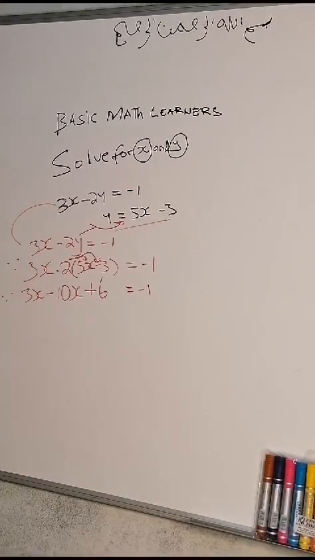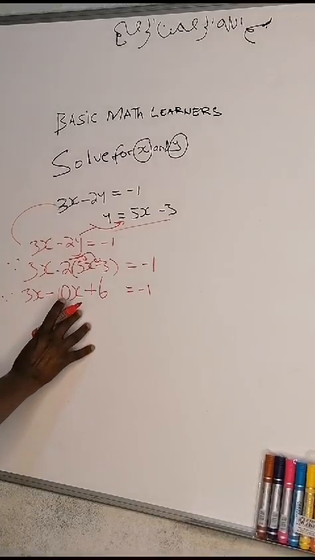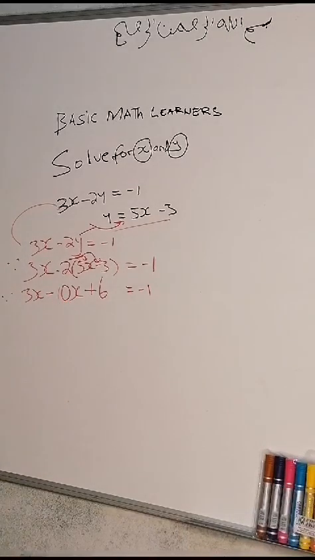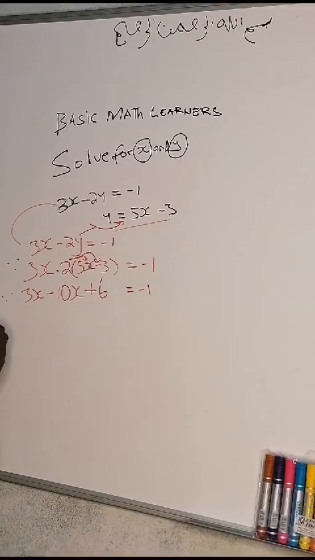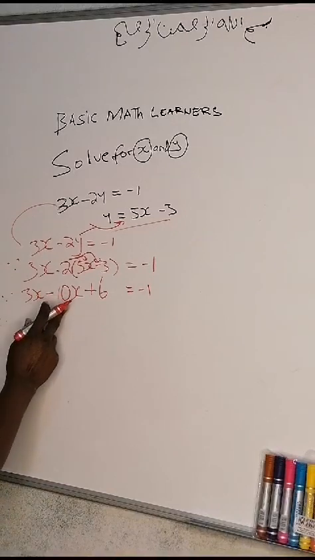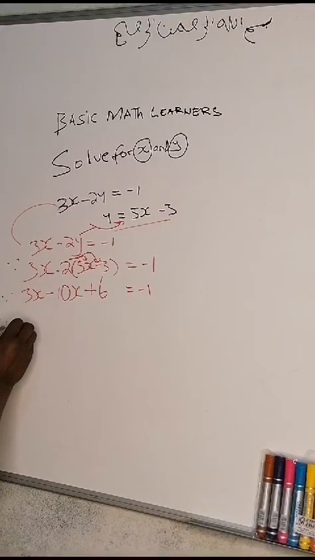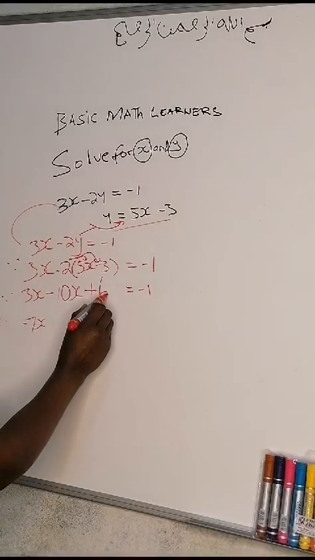Now, I need to find out the value of x, and in order to find out, I have to get the x on one side on its own. You can put the x on either side you want, but the best side is to put it on the right side. Therefore, 3x minus 10x gives me negative 7x. And here I have got plus 6.